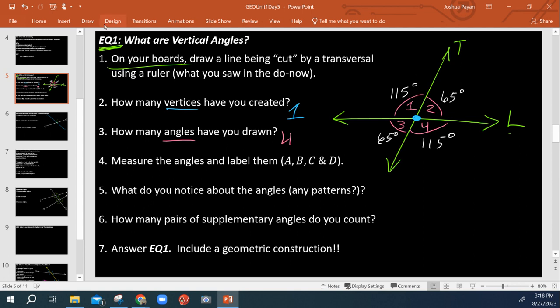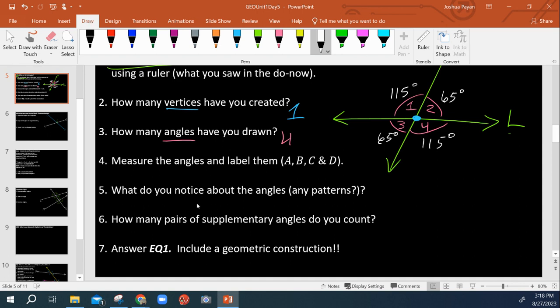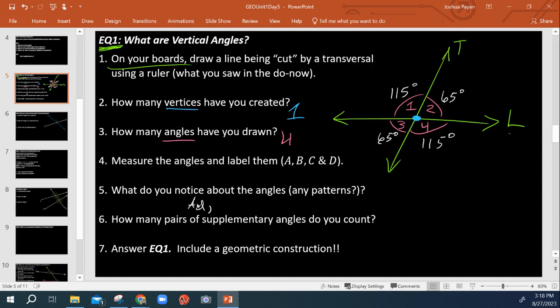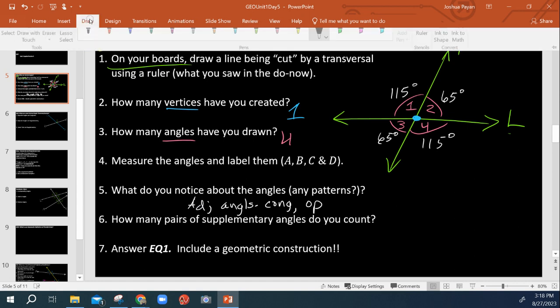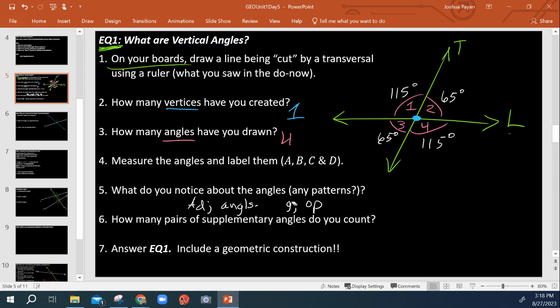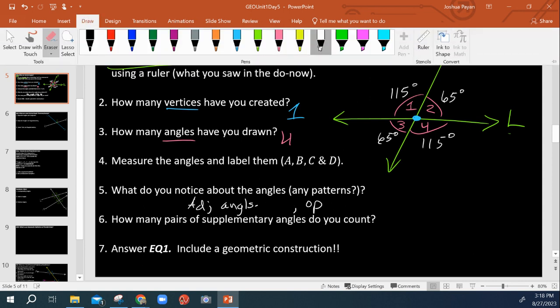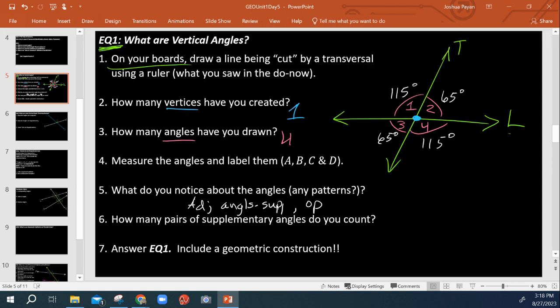So now, what do we notice about the angles? Well, everything that we just said. Adjacent angles are supplementary.